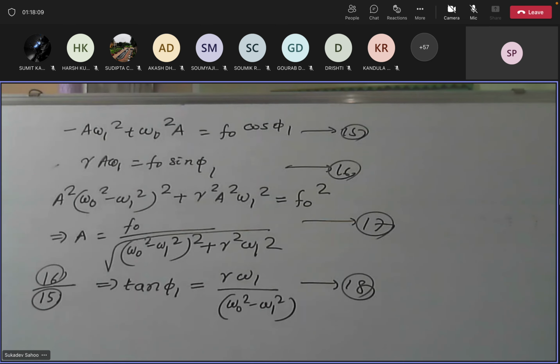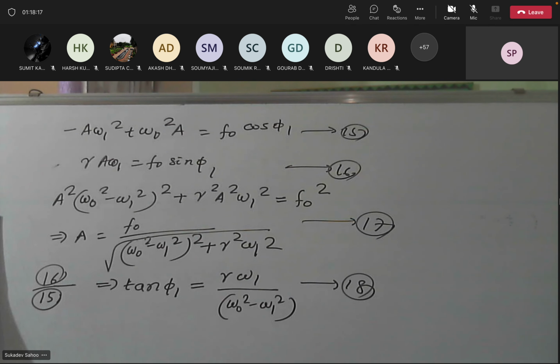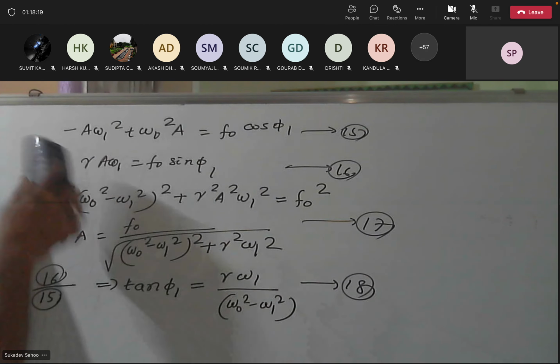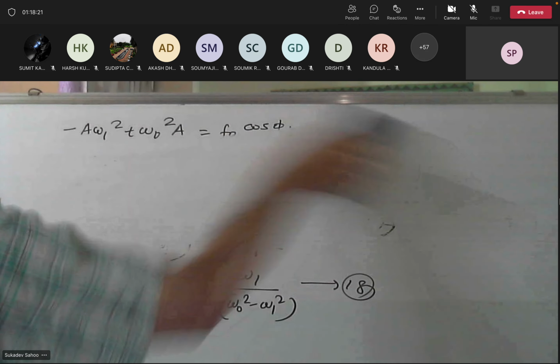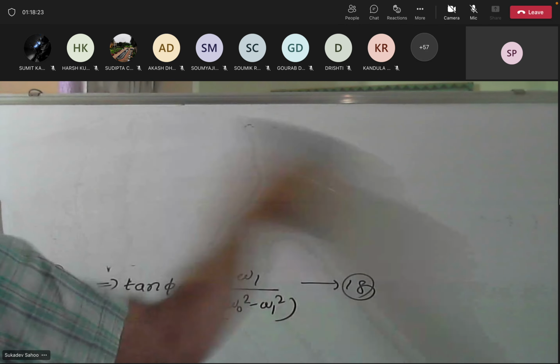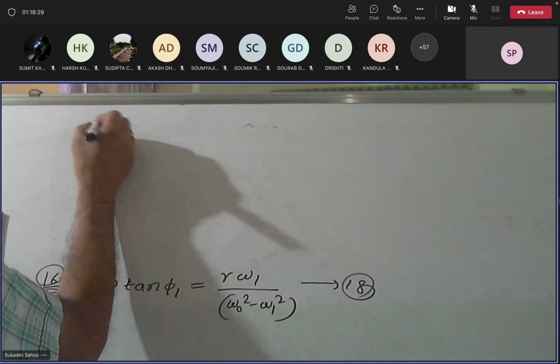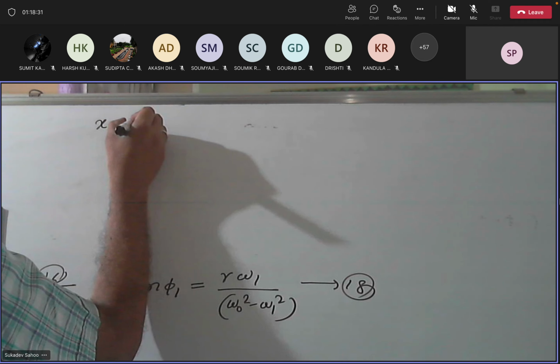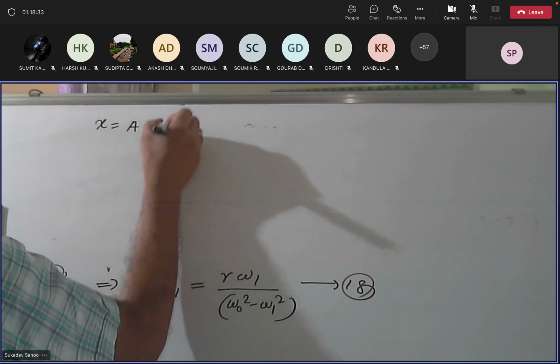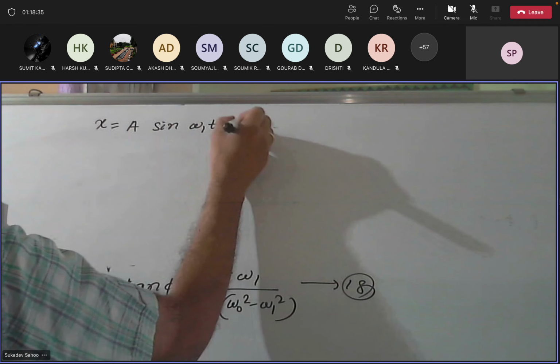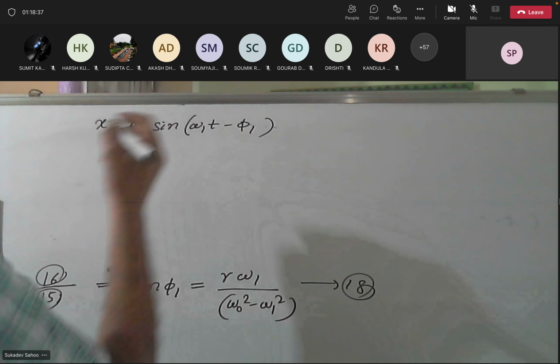Now the displacement and phase angle phi 1 of the forced vibration, given by equations number 13 and 18, can be represented. You can write the displacement x equal to a sin omega 1 t minus phi 1.